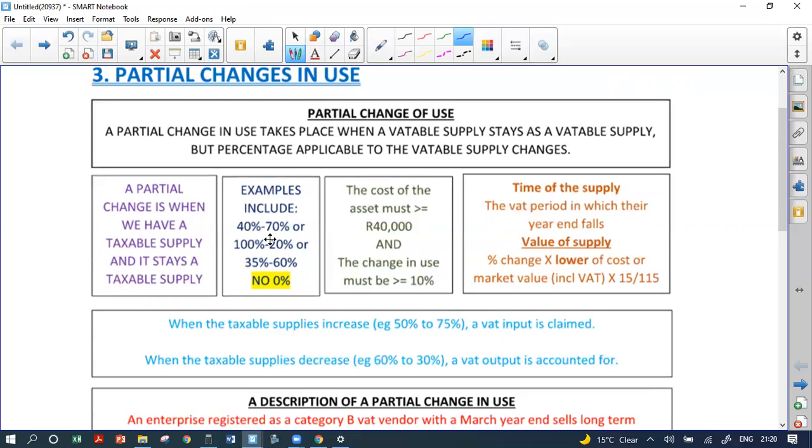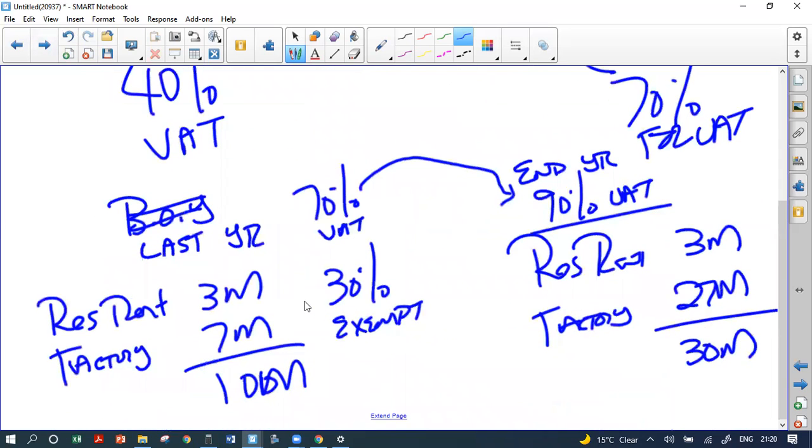What is the rule? It says the cost of the asset must be greater than or equal to 40,000, and the change in use must be greater than or equal to 10%. If both of those things apply, then we're going to have a change. What are we going to do? We're going to say it's a 20% change.